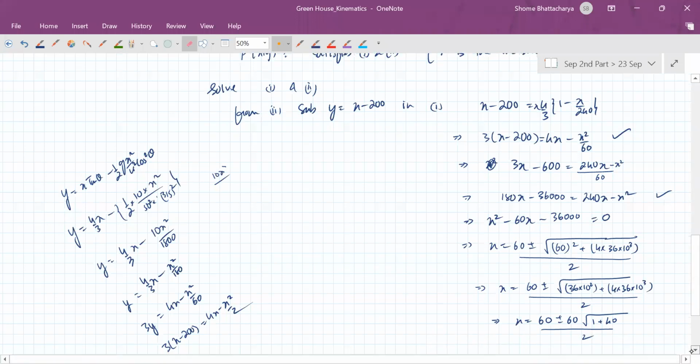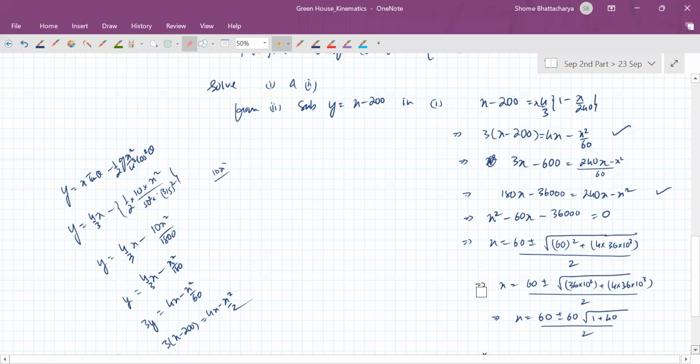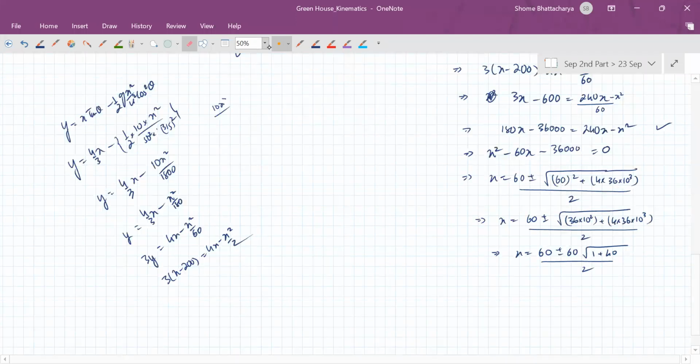So we'll have x is 30 into 1 plus minus square root of 41. Now x should be positive from the diagram, so we will not take the negative root.